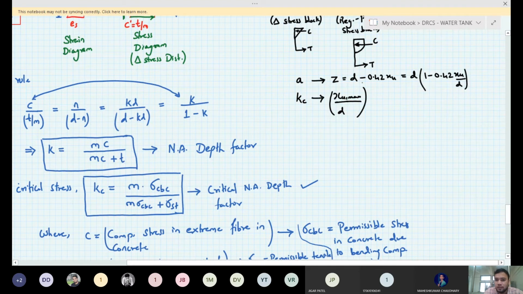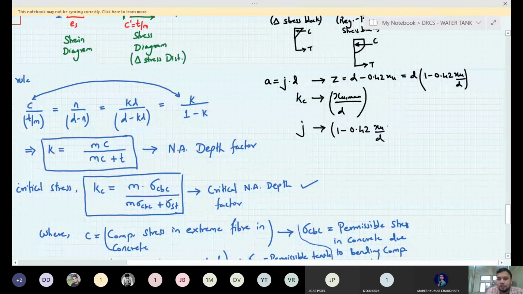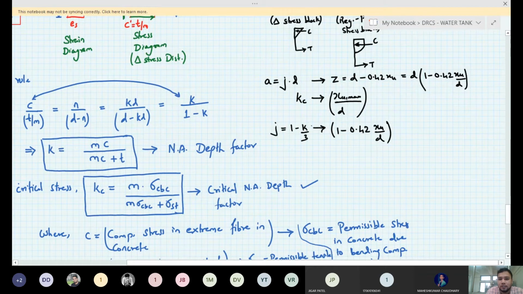Okay, so this A, which is equal to J times D, your J is analogous to 1 minus 0.42 XU by D. And the value of J is 1 minus K by 3, or we can say 1 minus 0.33 XU by D. So here the lever arm factor is 1 minus 0.33 XU by D in working stress philosophy, but in limit state philosophy it is 1 minus 0.42 XU by D.